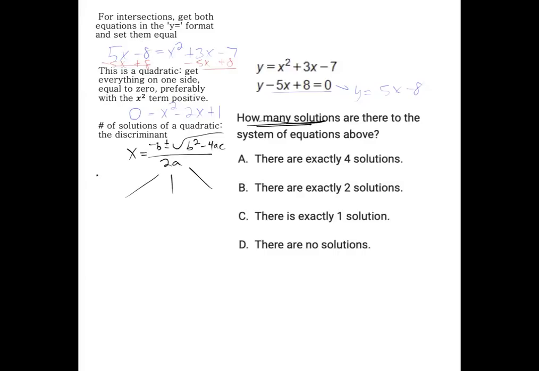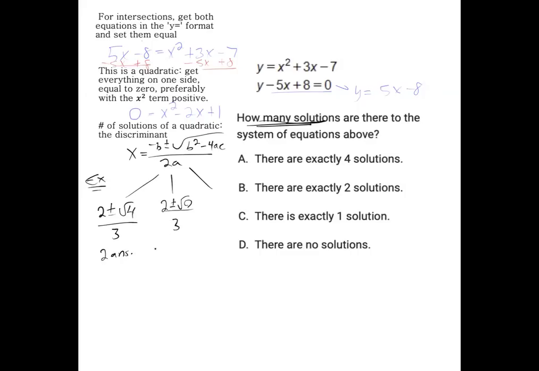And if we just put example numbers in here, so in other words, numbers that have nothing to do with this question, we can see that when you have a positive discriminant, a positive under the radical, you would get 2 answers. When you have a 0 in the discriminant under the radical, you get 1 answer, because there, if we were doing 2 plus 0 and 2 minus 0, all over 3, we would just get 2/3 both times.